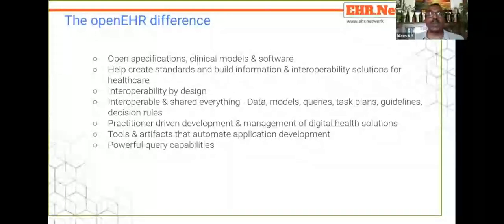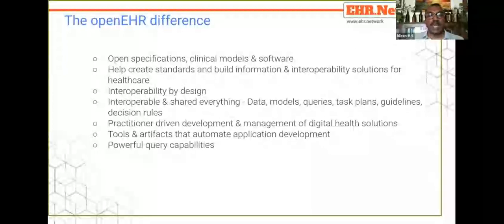So openEHR tries to go around this by saying that once the system is built out, the practitioner should be able to drive the continuous development and management of the digital health solutions. All these models and artifacts can be created by the practitioner at runtime to manage the solution.